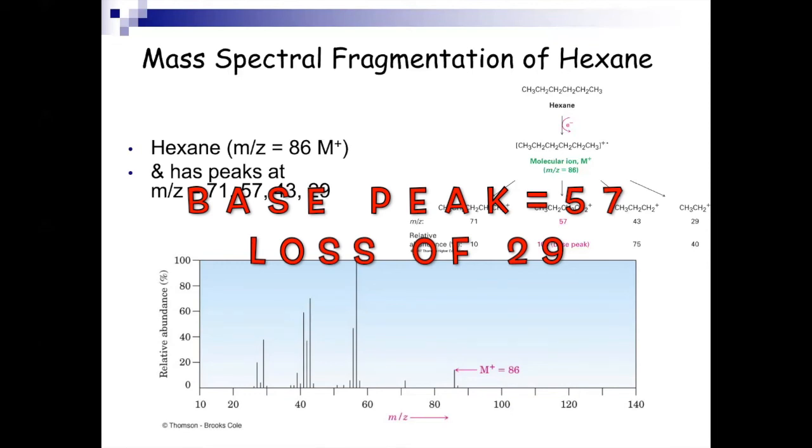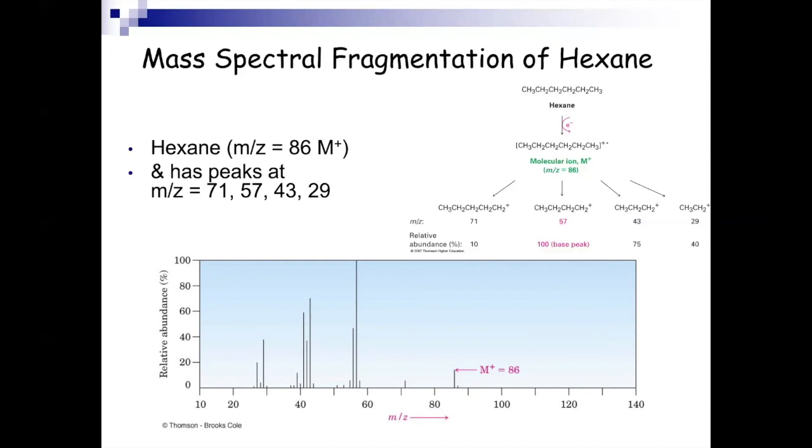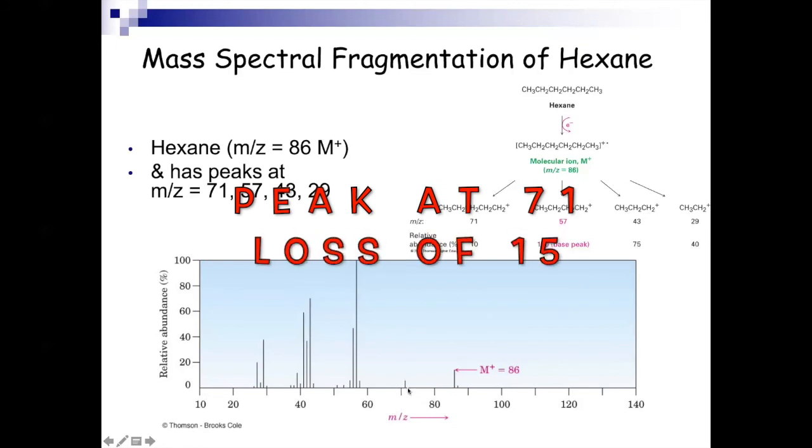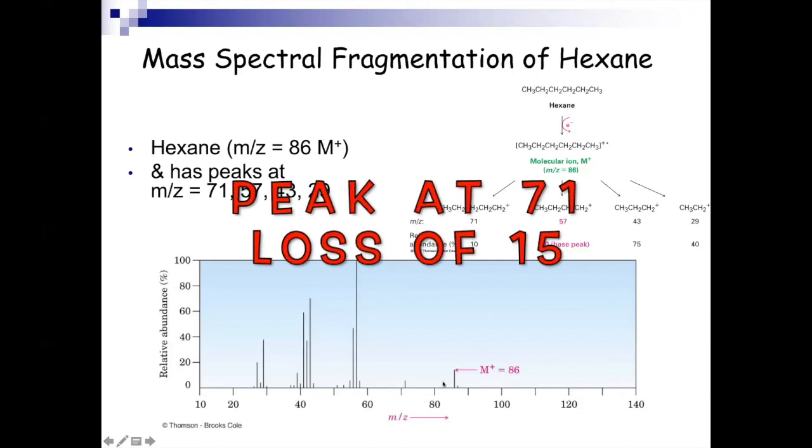So this means that our most stable cation is going to be one that breaks a CH3CH2 off. And the reason that we can think about that as being a base peak is that we could actually break it off this end, or we could break it off this end, giving us a mass of 57 as our base peak. We also observe a fragment here at 71 where we take off 15, which is a CH3.